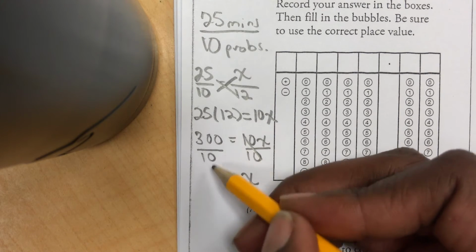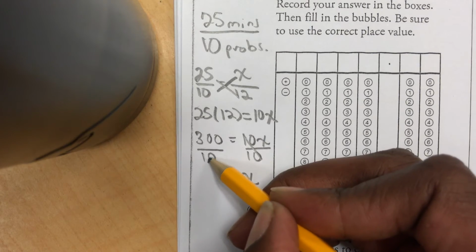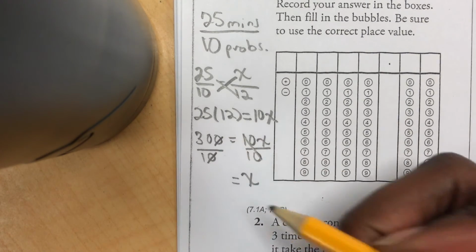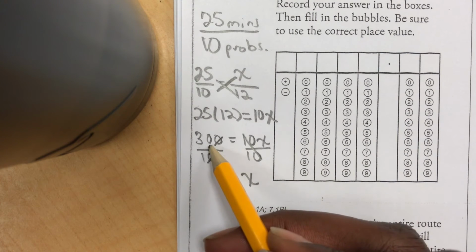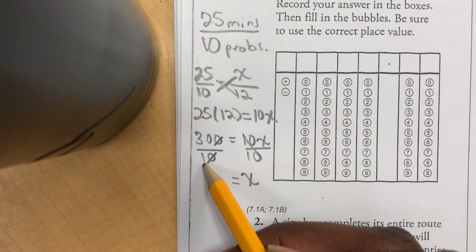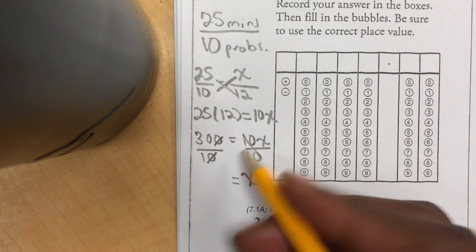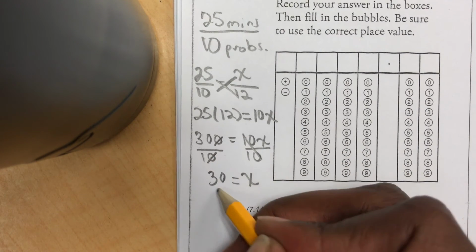So they share these zeros, so I'm going to cross out the 1 0 that they share. That leaves me with the problem of 30 divided by 1. Well, 30 divided by 1 I can do in my head. 30 divided by 1 is 30.